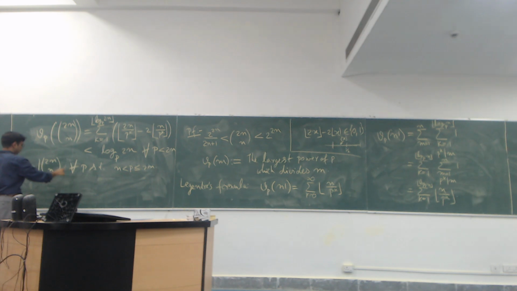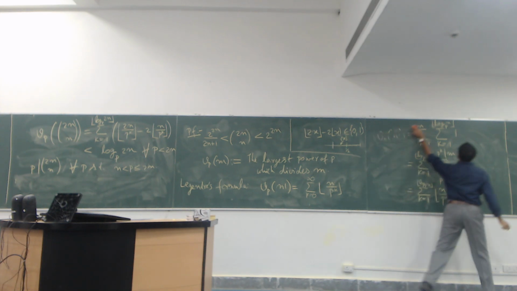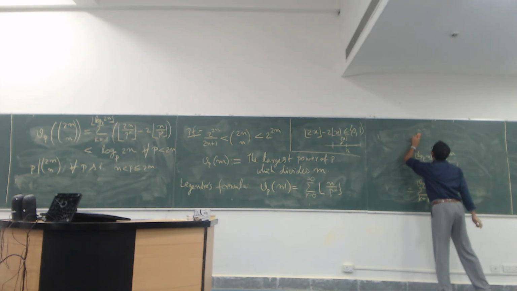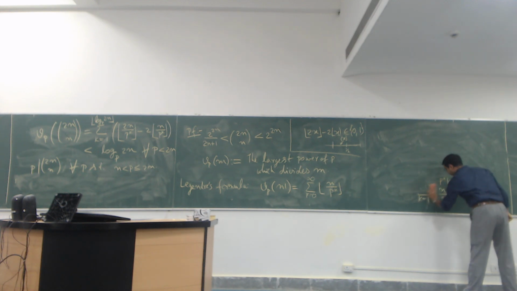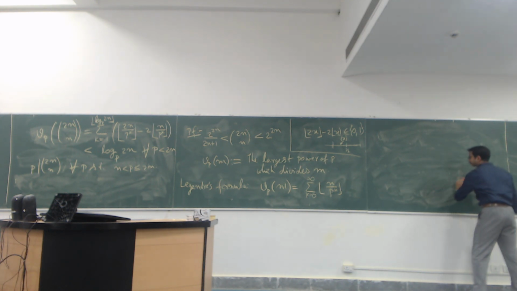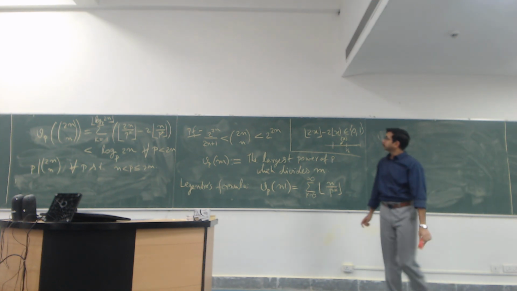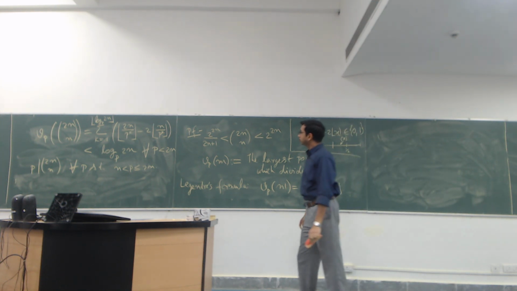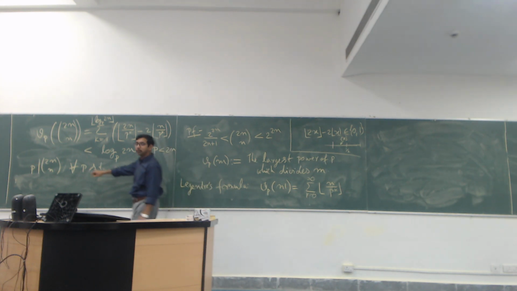The first one is this and the second one is this. So that would imply that for each prime between n and 2n, they appear exactly once.